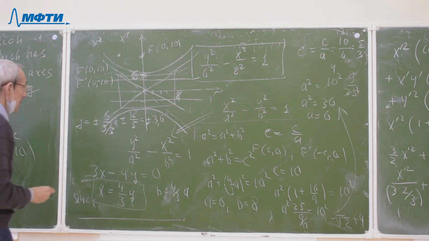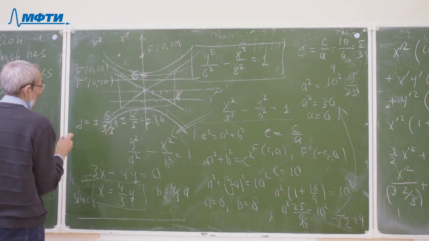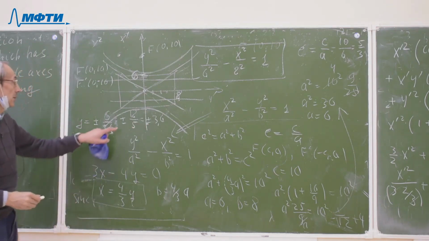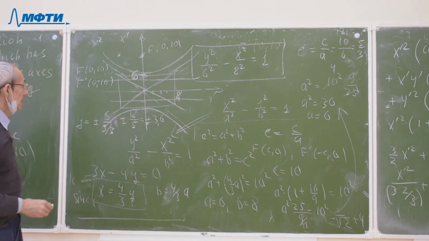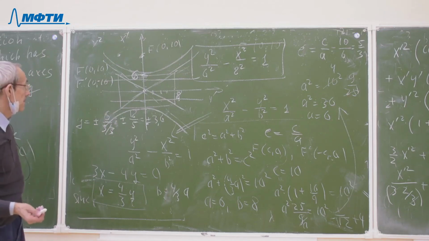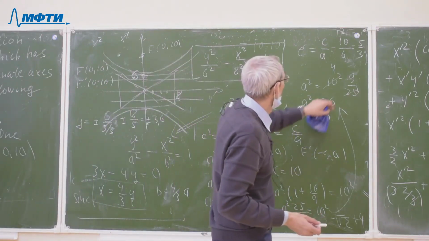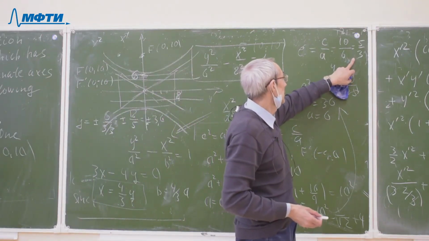The equation of the directrices is y equals plus or minus 18 over 5, and the eccentricity is the ratio 5 over 3.